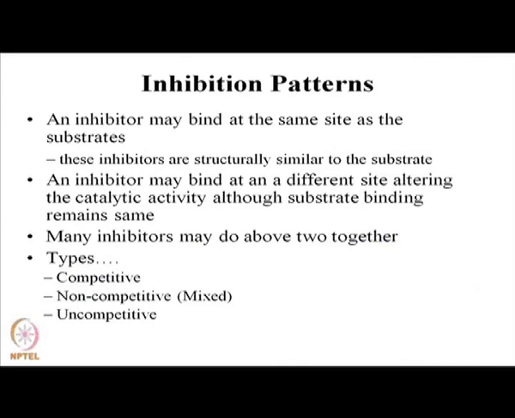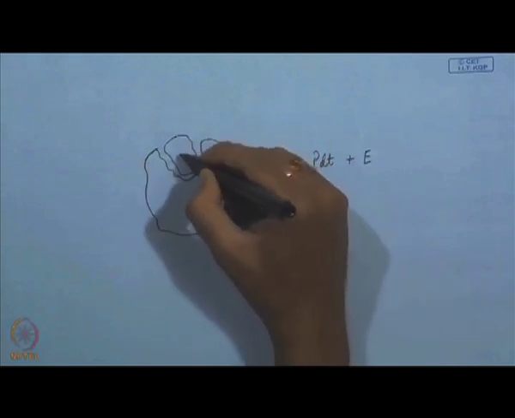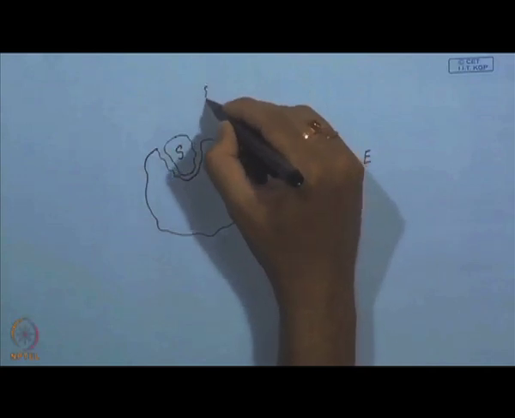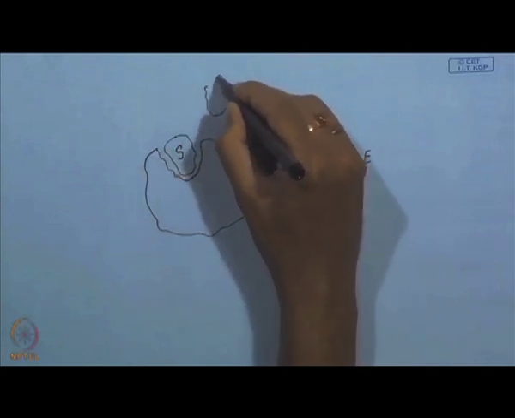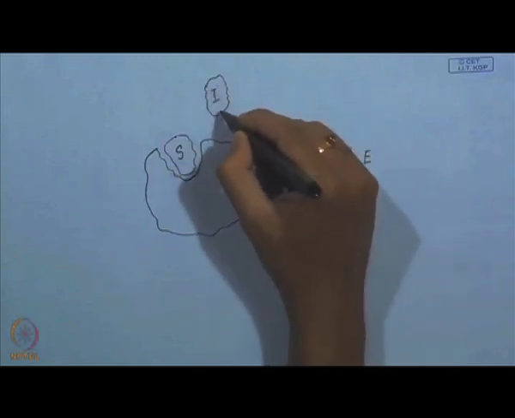Now, inhibition pattern: an inhibitor may bind at the same site as the substrate. Suppose you have this enzyme, this is your substrate, and this is another similar looking inhibitor. They have resemblance in their structure.